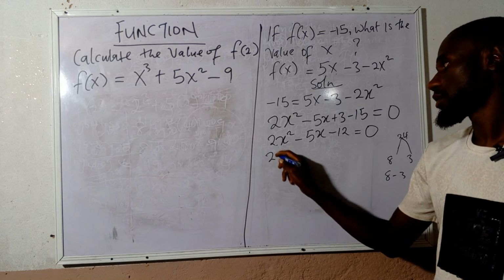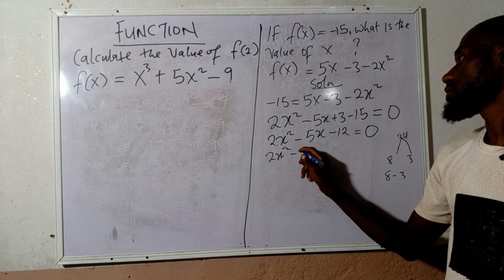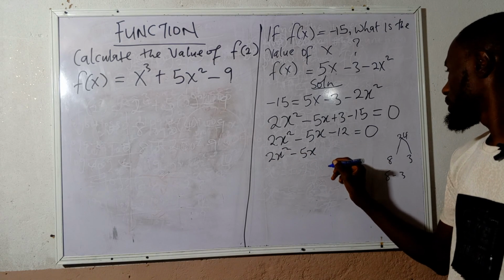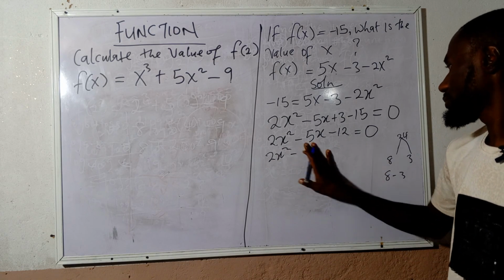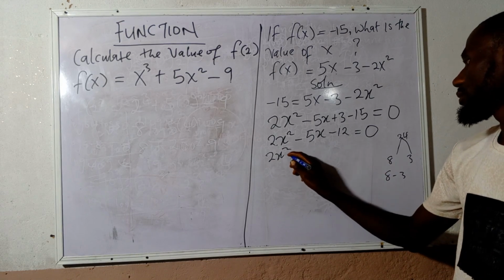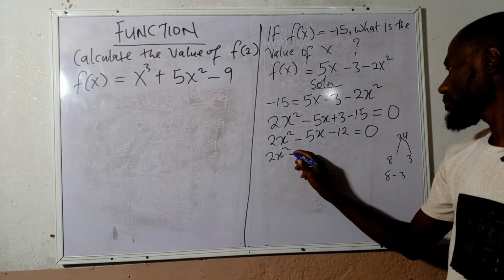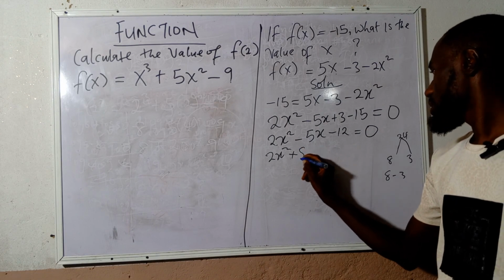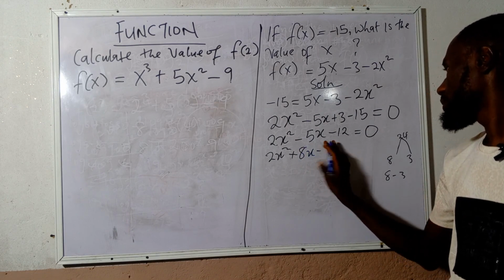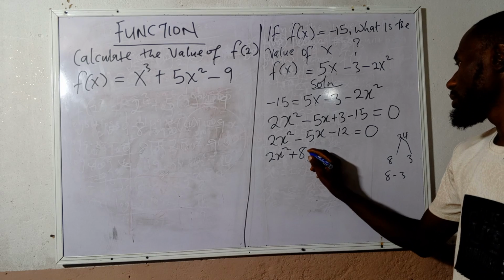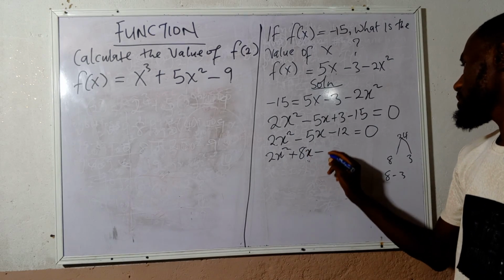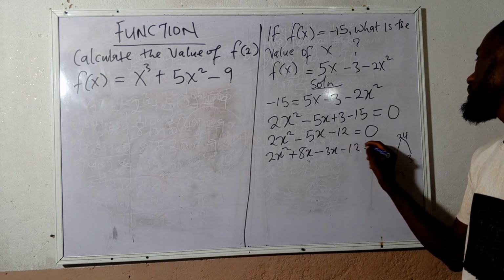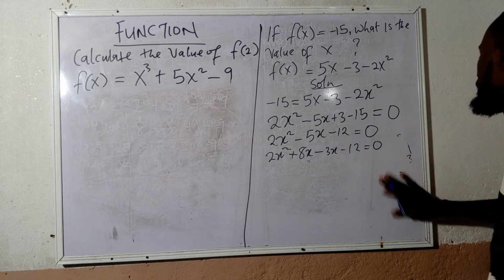Here we have 2x squared minus 5x plus 8x minus 3x minus 12 equals to 0.